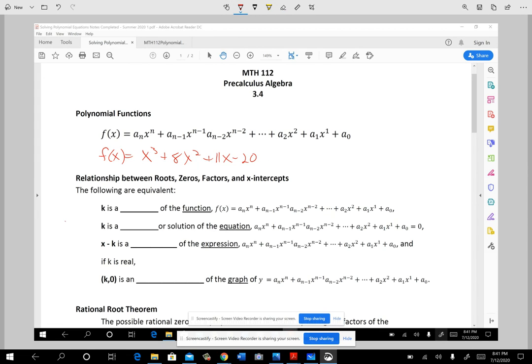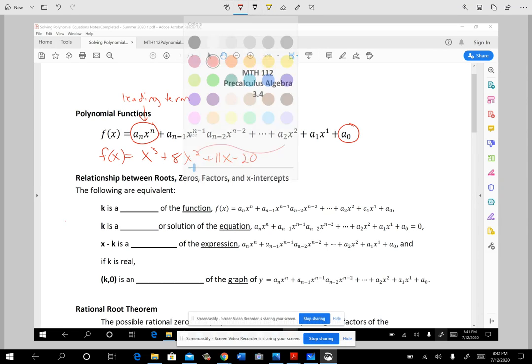And when we're doing that, it turns out there's really only 2 terms that we work with. Okay? The first one is called the leading term, okay, and it winds up giving you the degree of the polynomial.